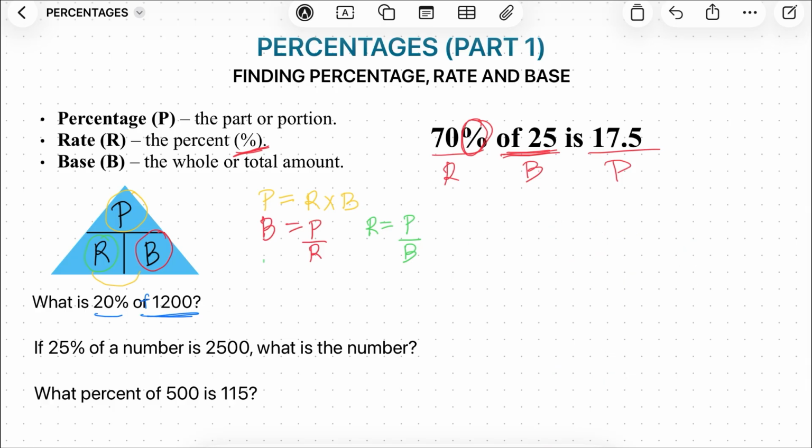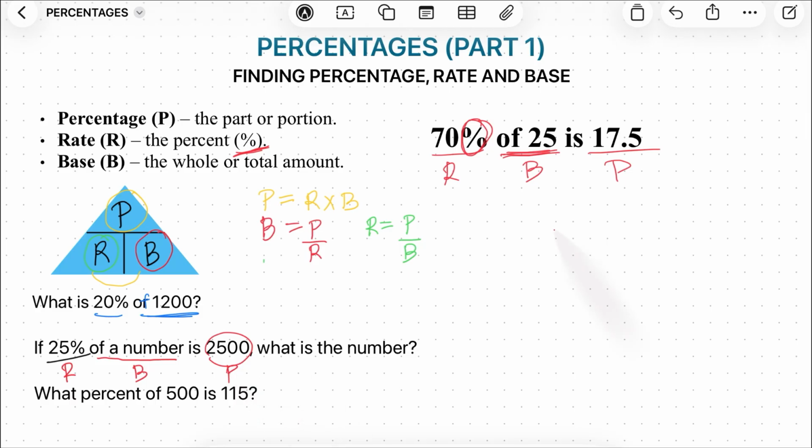Next example, we have if 25% of a number is 2,500, what is the number? So this one is our rate, and after the word of is missing, so we are looking for the base. This is our percentage.